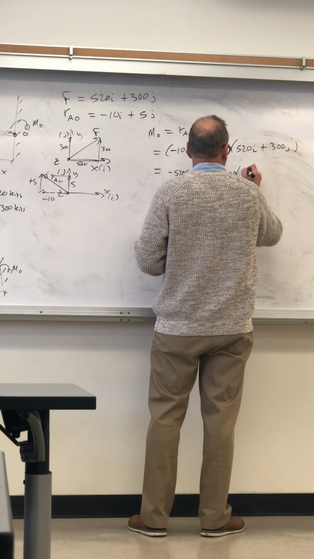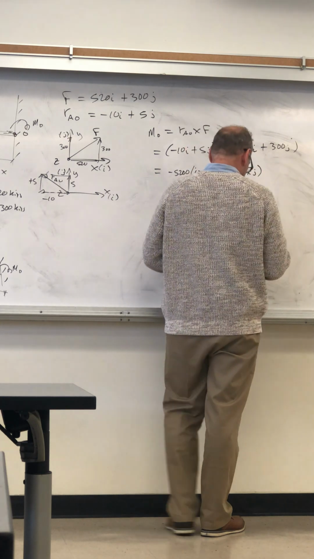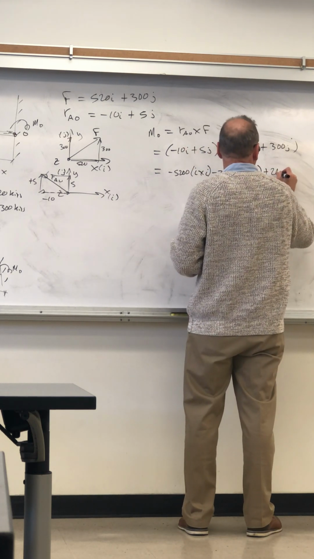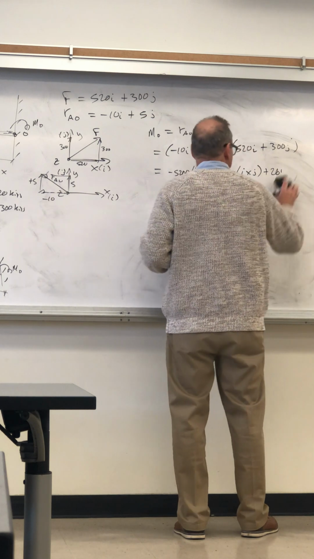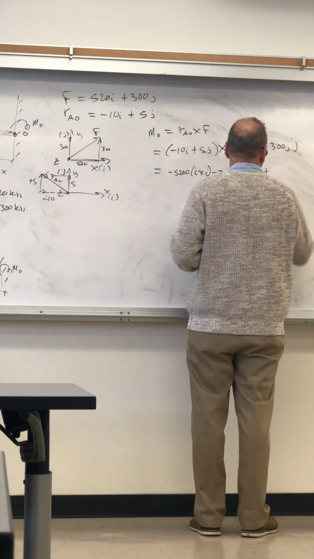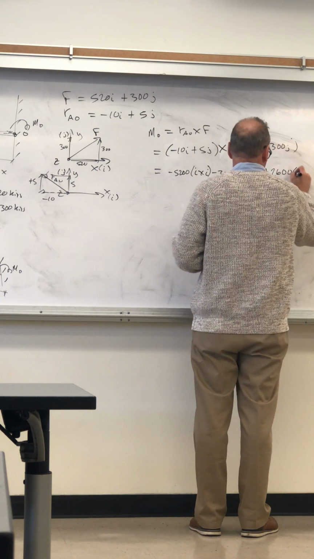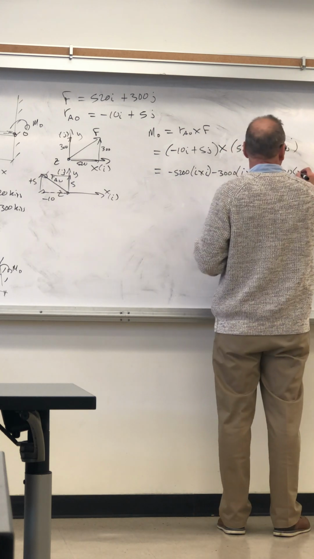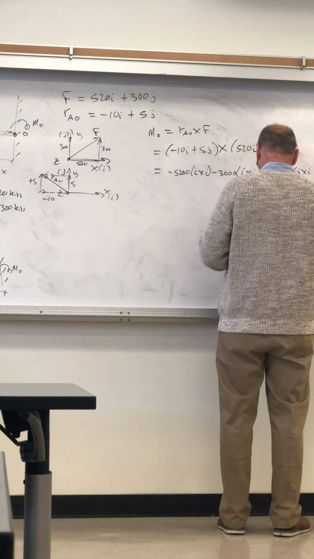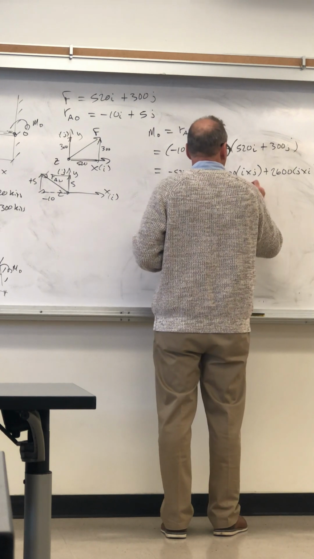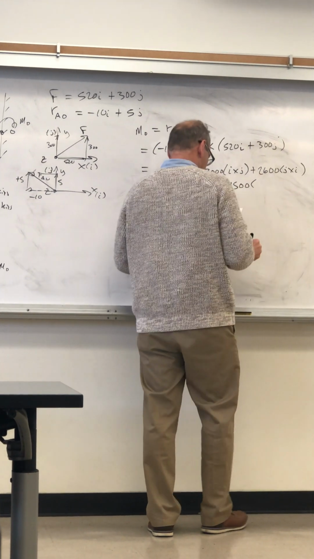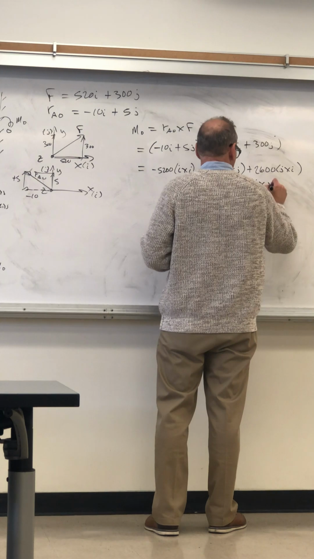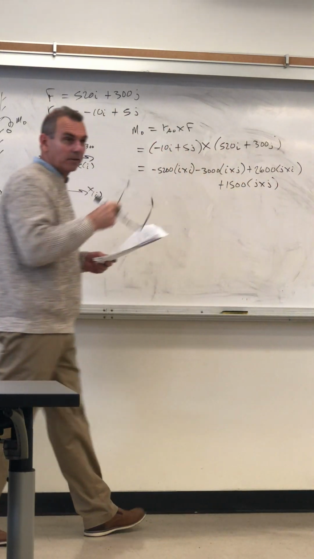I cross J plus 2,600 J cross I plus 1,500 J cross J. Okay, let's look at this for a second.